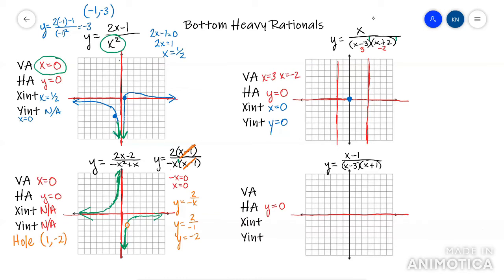But if I get stuck here, like we are stuck, I don't know even where to start drawing this line. If I get stuck here, basically what I do is I plug in a point. Just like before when I plugged in this coordinate, I'm going to plug in a point. I'm going to use 1.